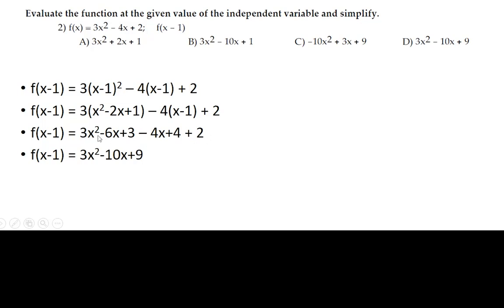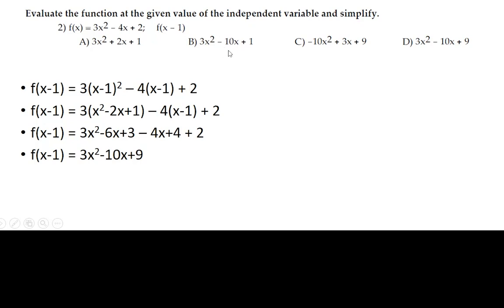Combining like terms, minus 6x minus 4x gives us minus 10x. And plus 3 plus 4 plus 2 gives us plus 9. So our final answer for f of x minus 1 is 3x squared minus 10x plus 9.